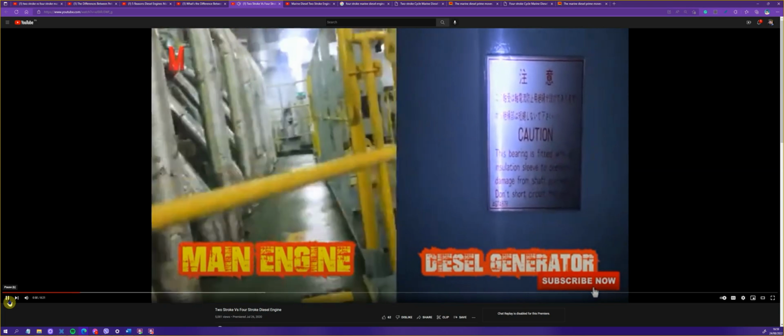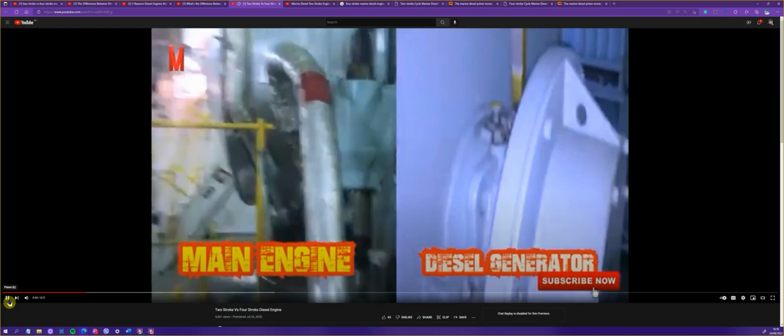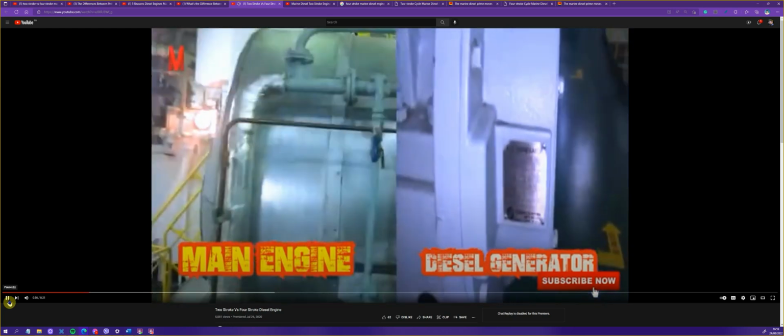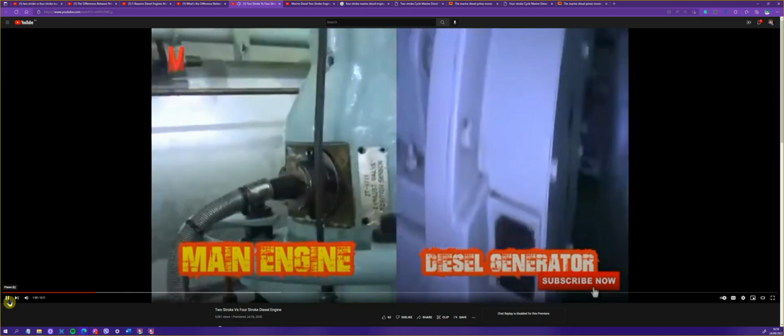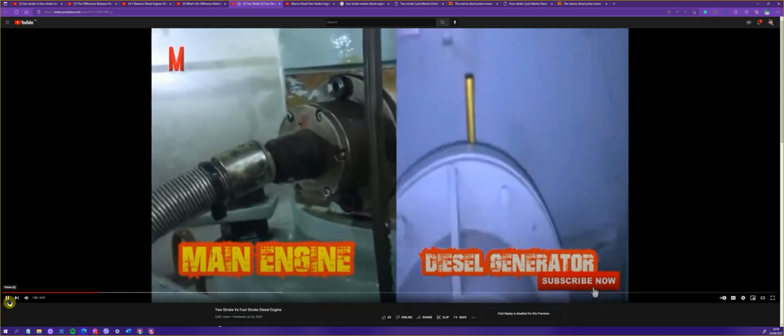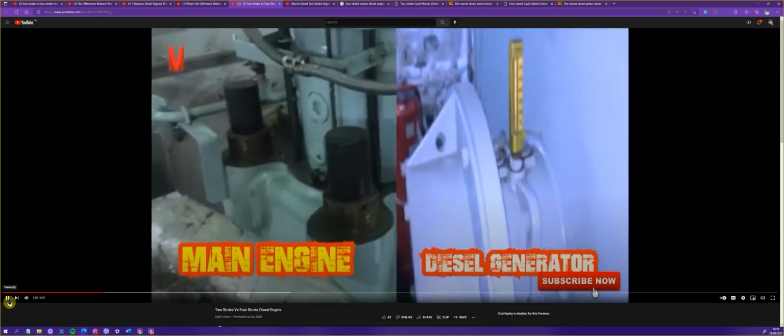The applications of this 4-stroke diesel engine on board ship is the diesel generator. The diesel generator runs usually on board ship at 900 RPM.